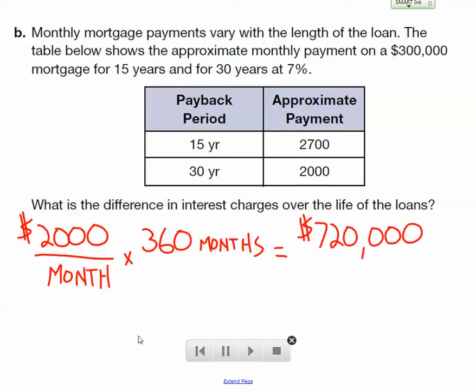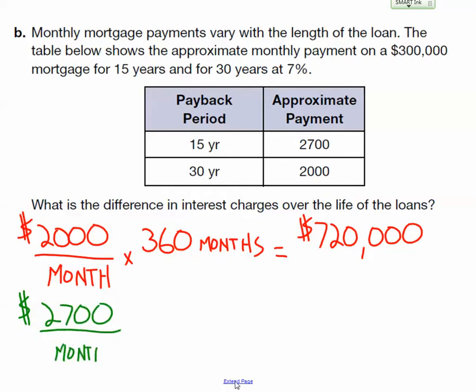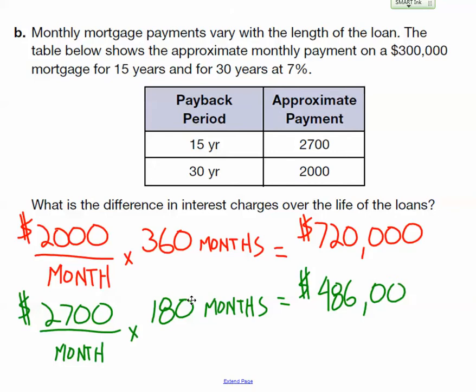Now we've got the person paying $2,700 a month, but they're only doing it for 180 months because it's half the time. So 15 years times 12 months per year. So that's $486,000.